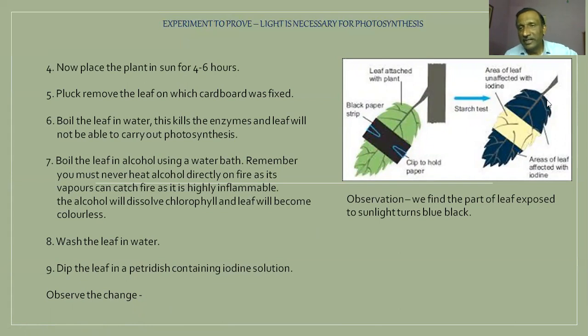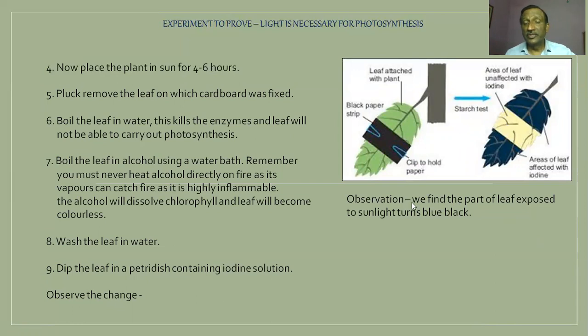When we pluck the leaf, boil it in water, boil it in alcohol, and then dip it in iodine solution, we find that the portion where the light fell had turned blue black. And the portion where light could not fall because it was covered by the cardboard remained colorless. The yellowish color is there because of the iodine solution. Okay, so this is the observation.